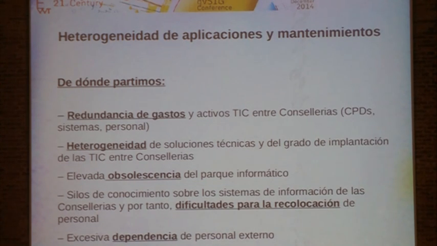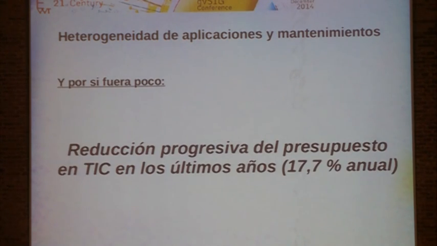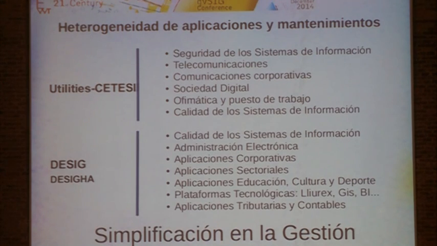This same project 3 years ago would have been impossible, because trying to put everybody in agreement would have been difficult. We had redundant expenses, heterogeneity in technical solutions, a high obsolescence due to the existing structure in many of the ministries, and additionally we had a progressive reduction in the budget devoted to ICTs.